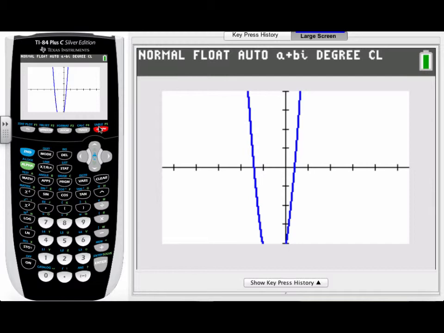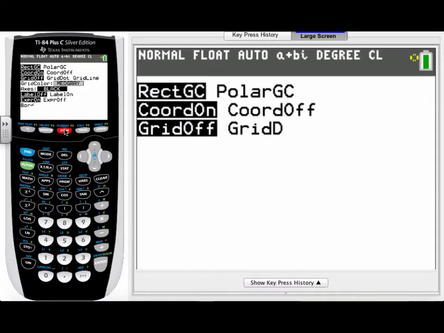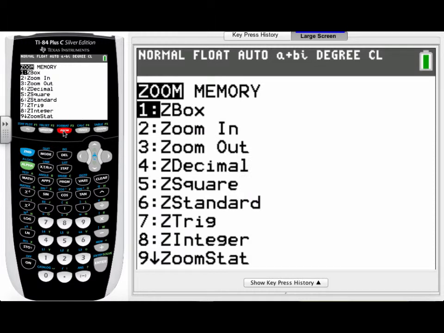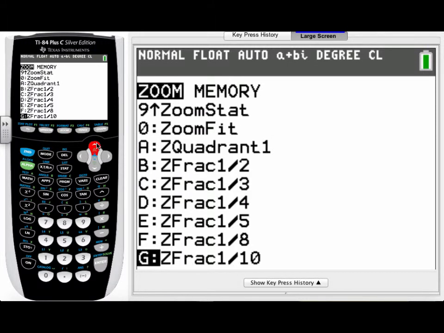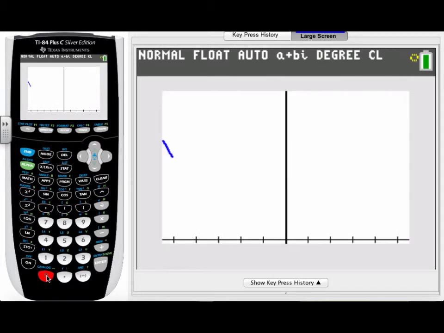Well, that's probably your zoom. So let's change the zoom. Zoom fit usually works. Sometimes it doesn't. So we'll try zoom fit.